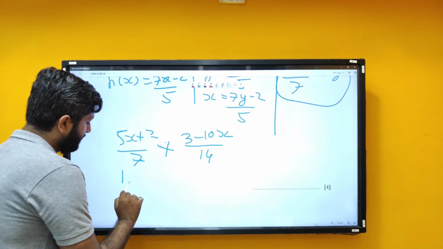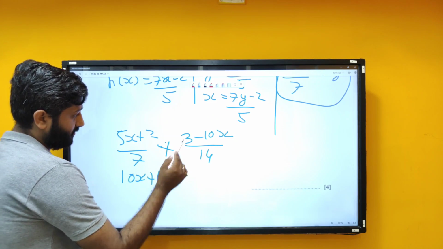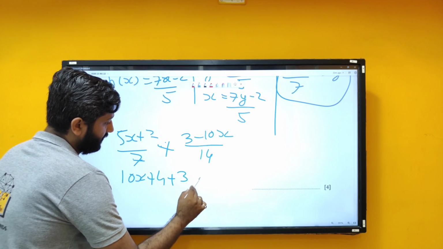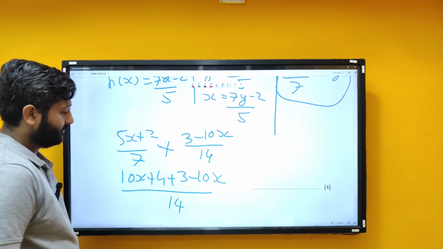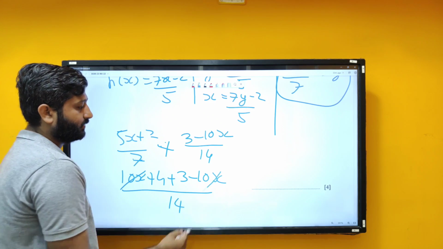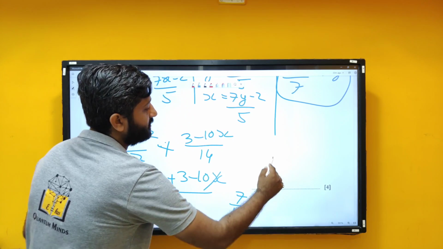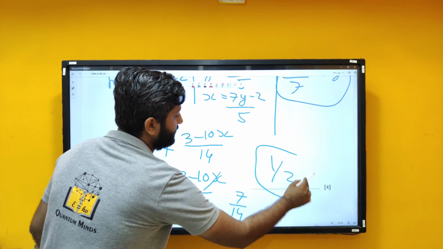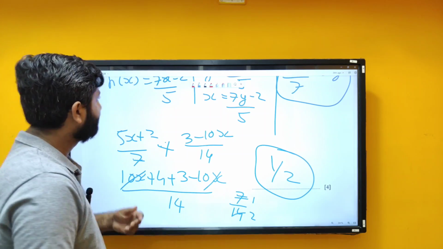So we have 10x plus 4 plus 3 minus 10x upon 14. So 10x will get cancelled. We'll have 7 upon 14, which is 1 by 2 as our final answer. 1 by 2 or even 0.5 would do.